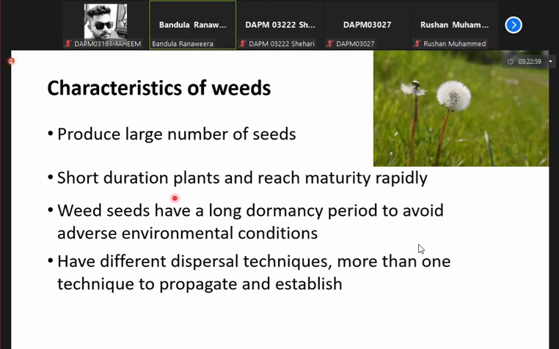Because of that short duration, now of course there are weed plants with longer duration of life. Regarding the short-term plants, they become a huge population because of that short lifespan.